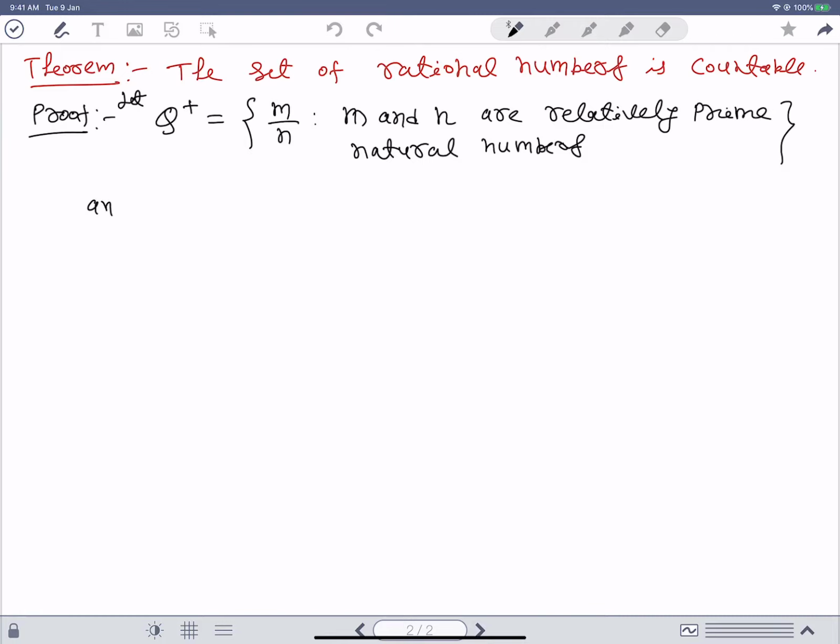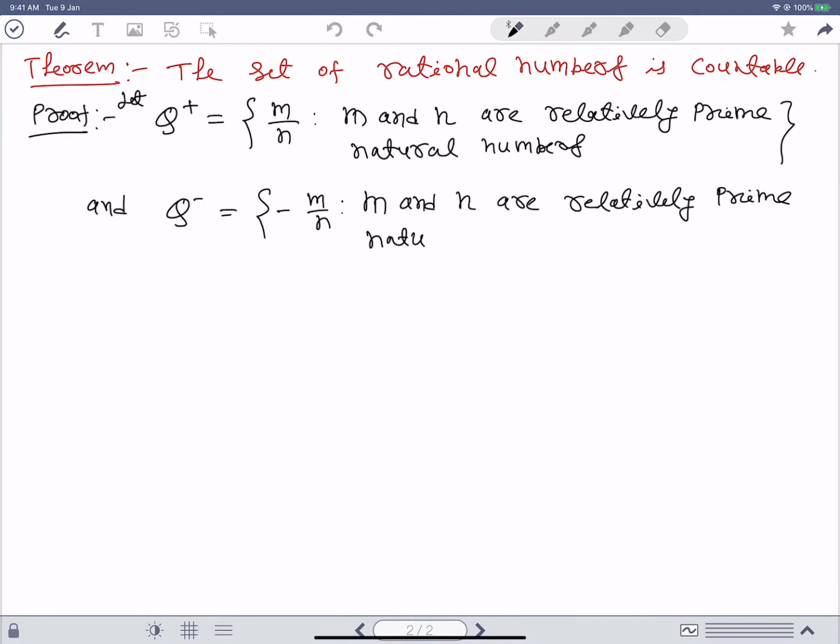We also define Q minus as minus m by n, where m and n are again relatively prime natural numbers. Then Q is written as Q plus union 0 union Q minus. Now if we can show that Q plus and Q minus both are countable, then Q, being a union of three countable sets, is also countable, right?